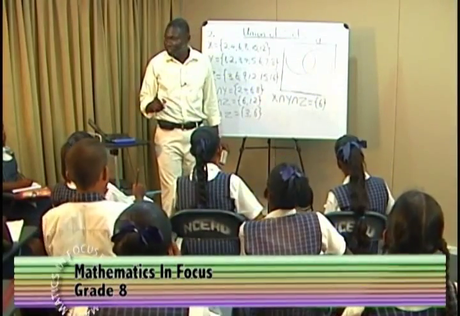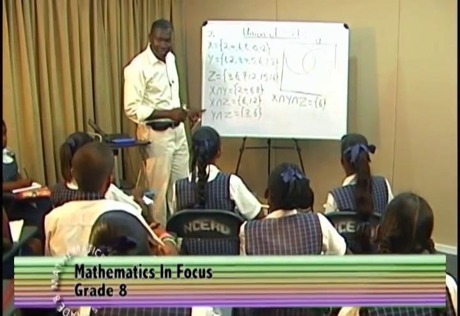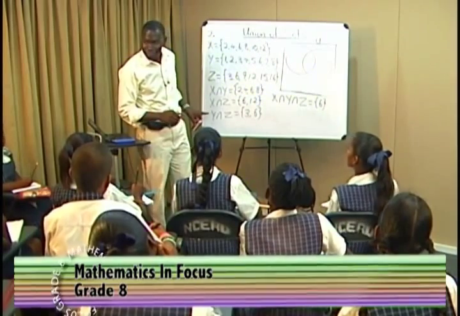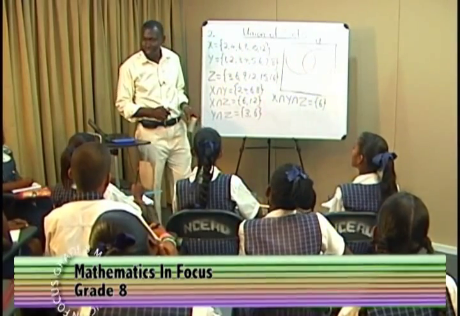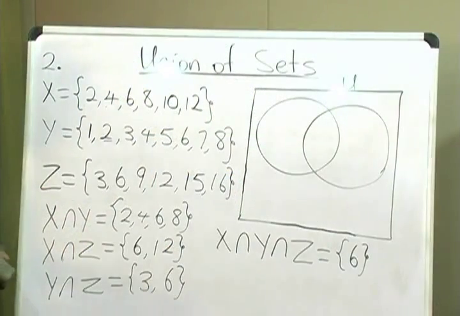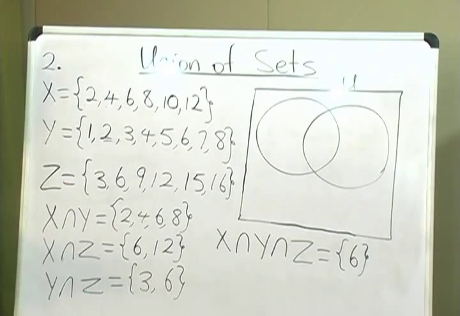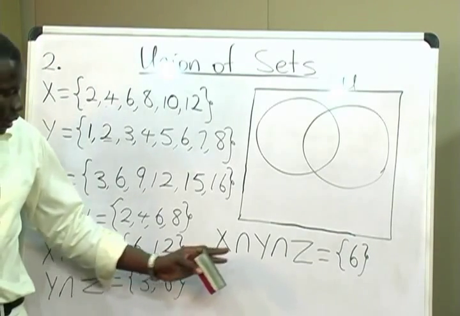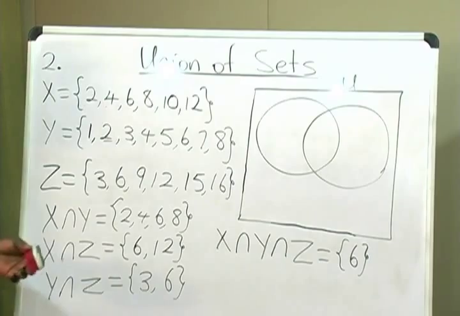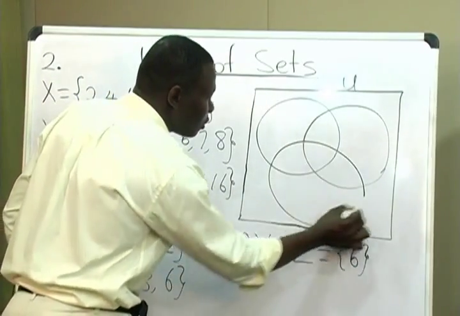X and Y? Not quite. X intersect Y intersect Z. Very good. We shall start with X intersect Y intersect Z. We start with that main intersection, and then we work our way out.